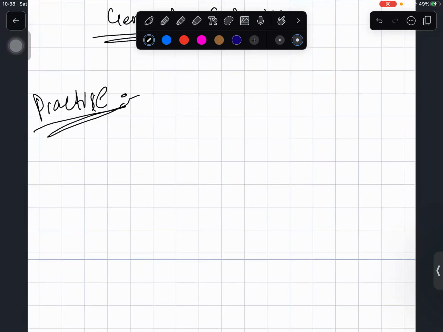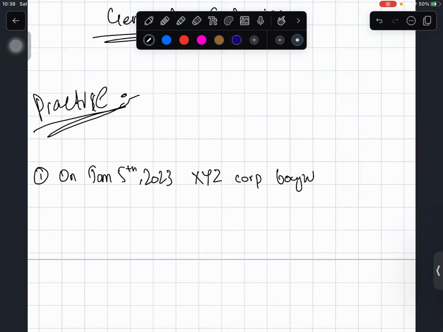For example, you get an entry or a statement written in front of you which says that on January 5th, 2023, XYZ Corp bought, let's say, a vehicle for around 10,000 in cash. All right, so you get this.